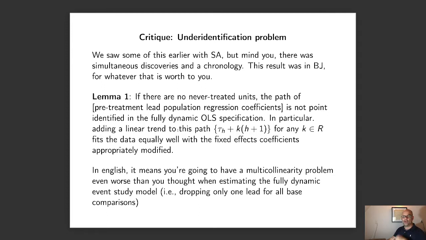So the result about this under-identification problem was in Borusyak and Jaravel's paper, as well as Sun and Abraham. But basically what it means is if you don't have any never-treated units, then you can't estimate those pre-treatment leads. They say it's because you could fit a line through them.